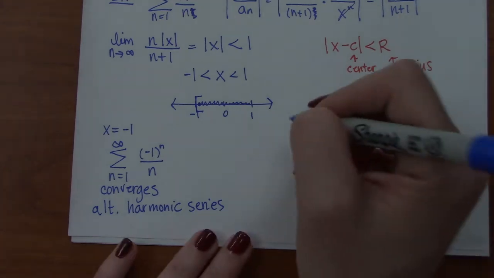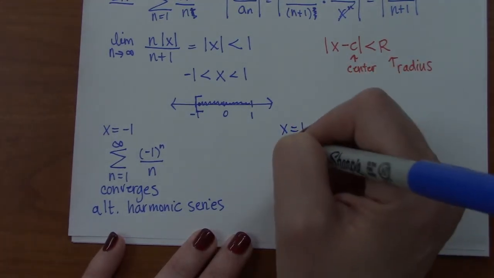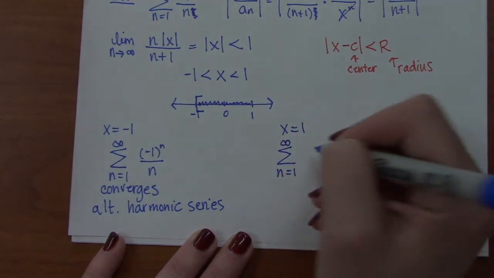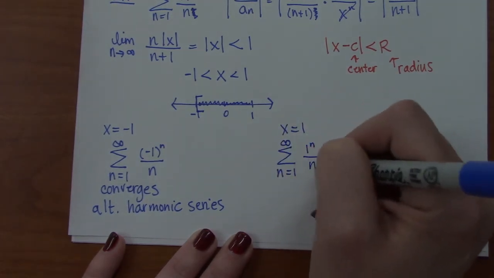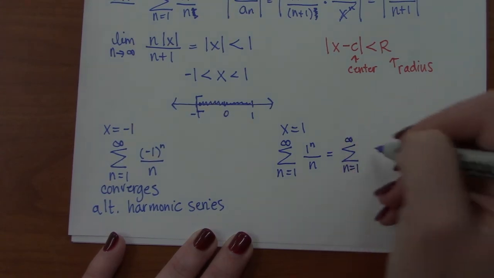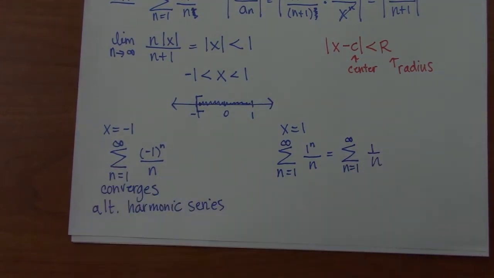Now let's test it when x equals positive 1. So when x equals positive 1, you're going to get 1 to the n over n, which is just equal to 1 over n. This is the harmonic series, right? Not alternating.